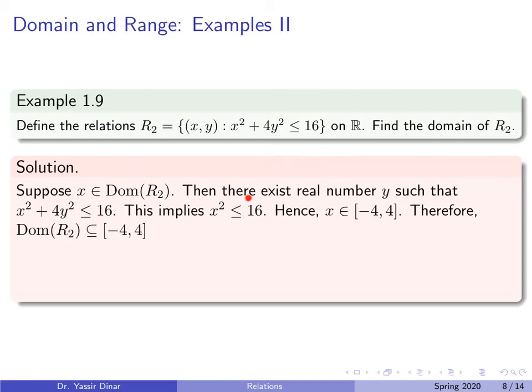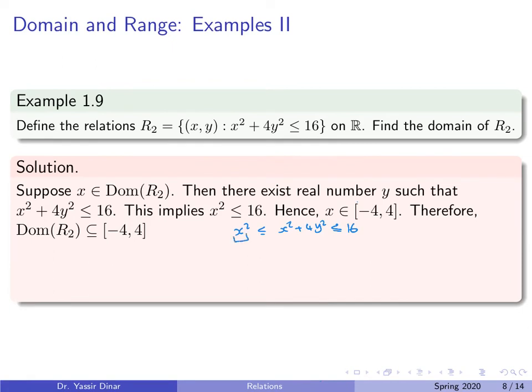That means we can find a real number y such that x squared plus 4y squared is less than or equal to 16. But this means that x squared is less than or equal to 16, because x squared is less than or equal to x squared plus 4y squared, and this one is less than or equal to 16.